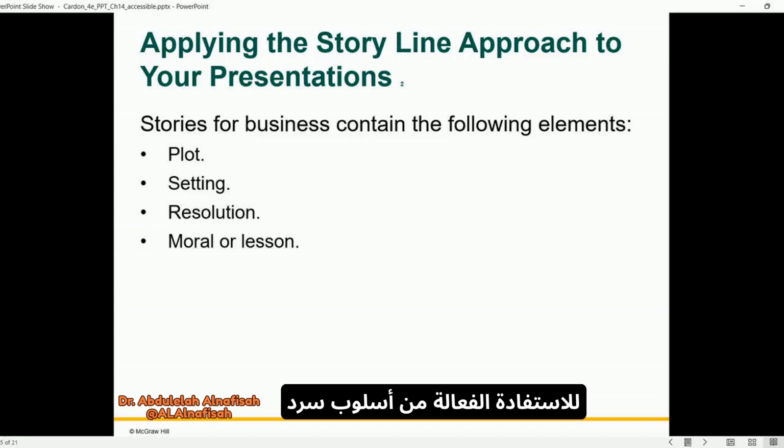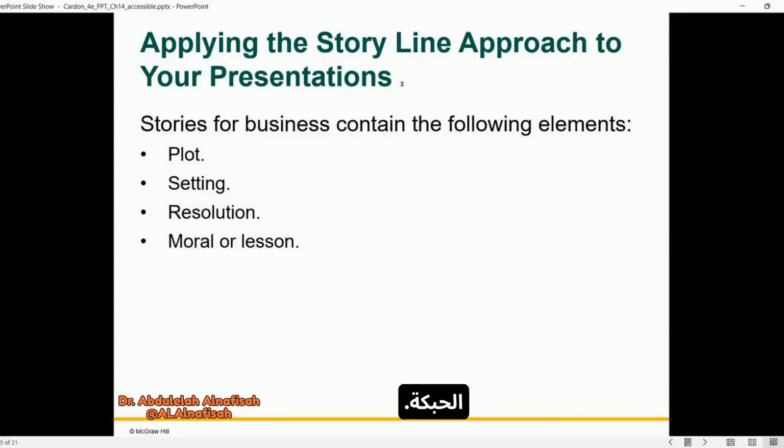To effectively utilize storytelling in your presentations, consider the following components. Plot. Introduce a business situation that presents challenges or tensions. This gives your narrative a clear beginning and end. Setting.